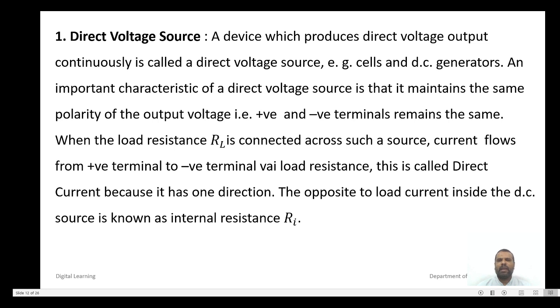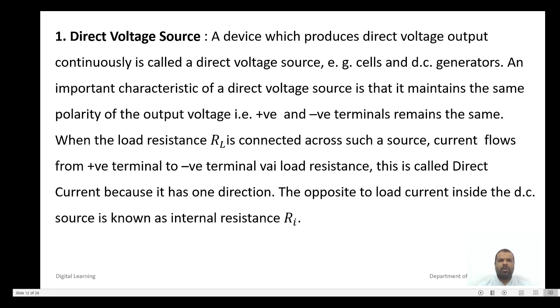An important characteristic of a direct voltage source is that it maintains the same polarity of the output voltage, that is, positive and negative terminals remain the same. When the load resistance RL is connected across such a source, current flows from positive terminal to negative terminal via the load resistance.